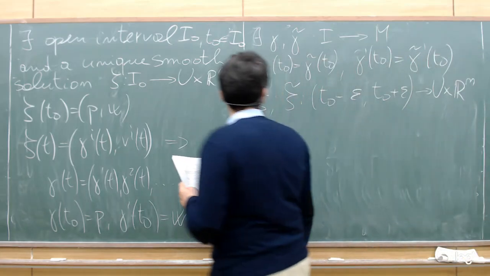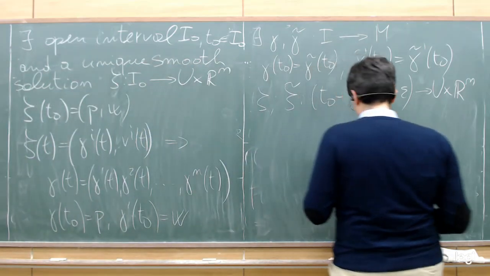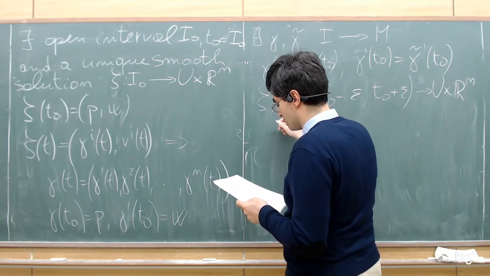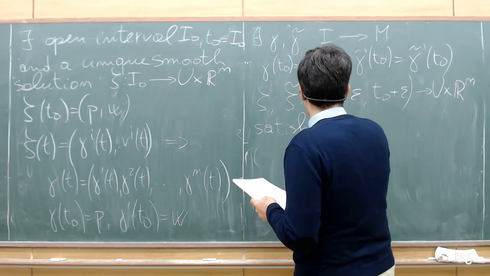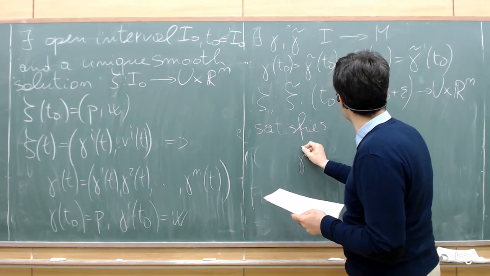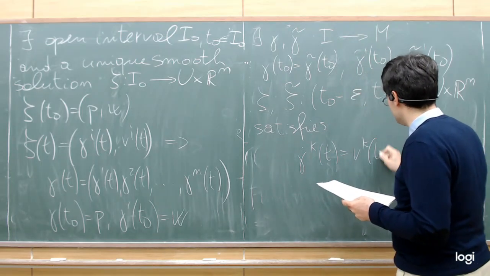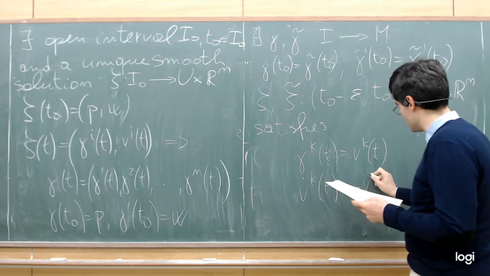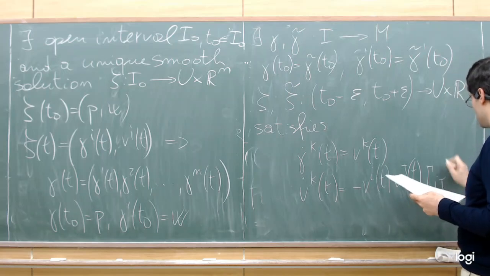And these two maps satisfy the system gamma dot k(t) equal v^k(t), v dot k(t) equal minus v^i(t) v^j(t) gamma^k_ij(gamma(t)).